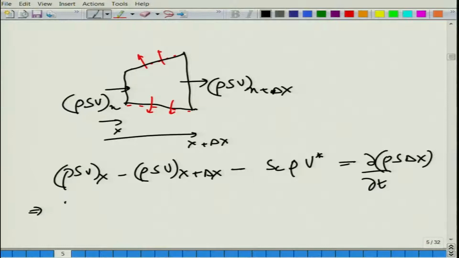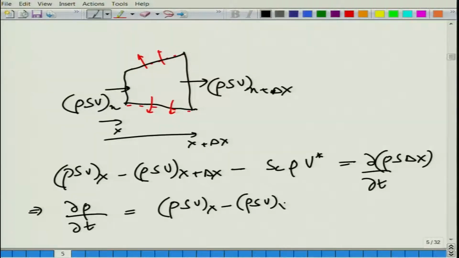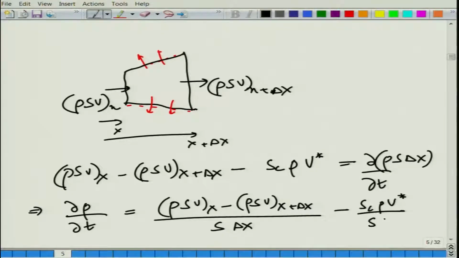So, then you can write this and divide throughout by S multiplied by delta x. Once you do that, you will get rho S u at x minus rho S u at x plus delta x, over S delta x, minus S c rho u star over S delta x.